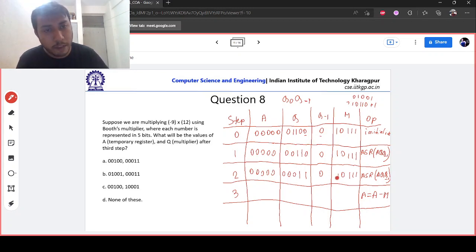What is the value of M? Minus 9. So we are basically doing 0 minus of minus 9. So what will it be? Plus 9. So we'll write down here 9.